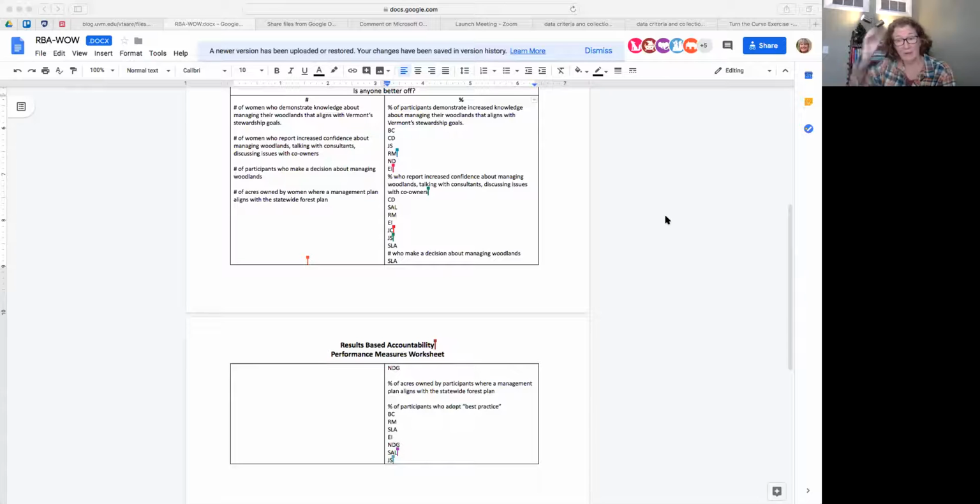And I think probably what happens, in the framework and the time frame that we have, is that they might have more confidence because they have more knowledge. You might have them long enough to see them make a decision, right? And I would argue, is making a decision to fragment their forest okay? I mean, that's a decision. So this measure might need a little more clarification about what type of decision you're looking for.